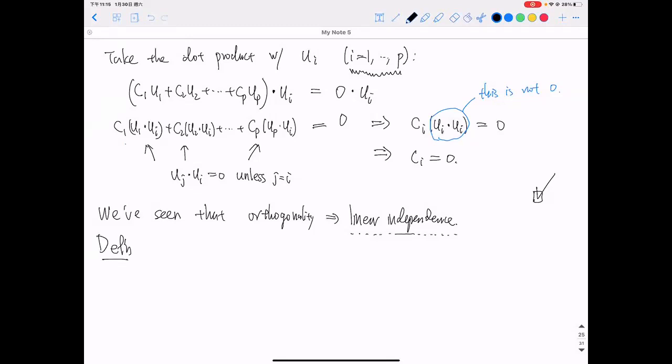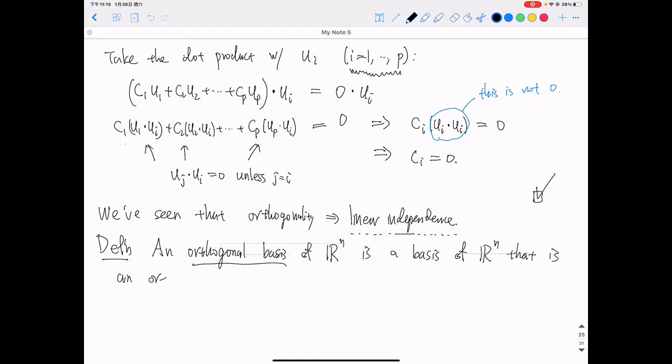Definition. An orthogonal basis of Rn is a basis of Rn that is an orthogonal set.